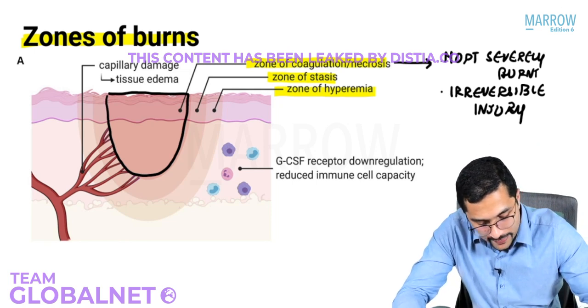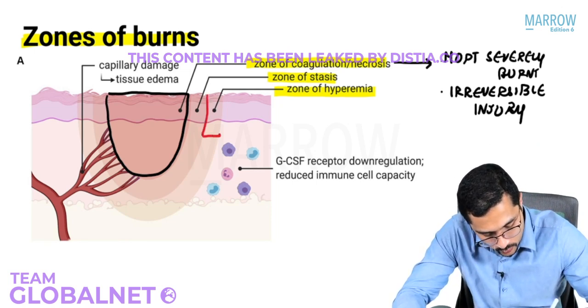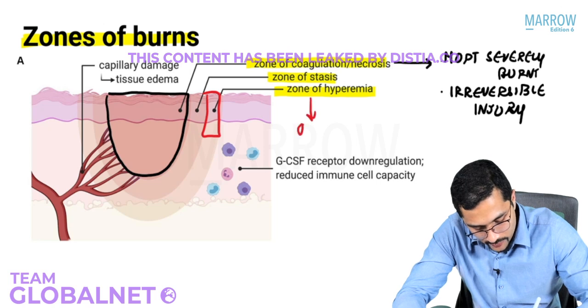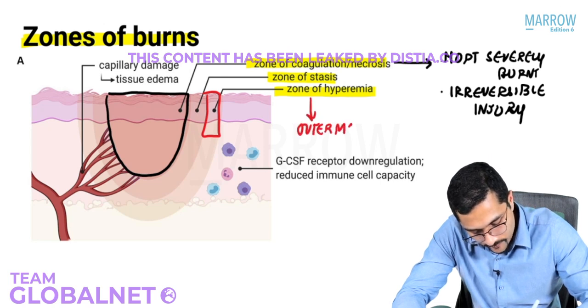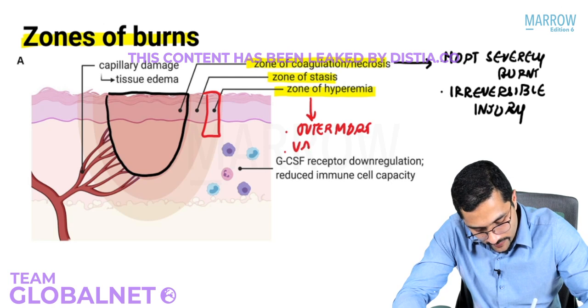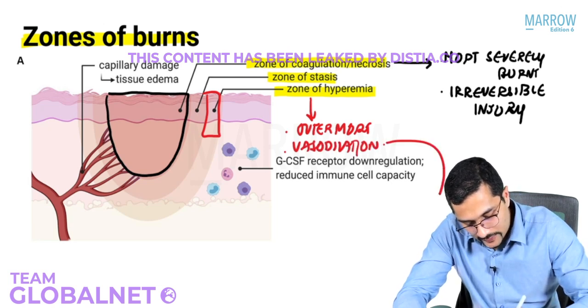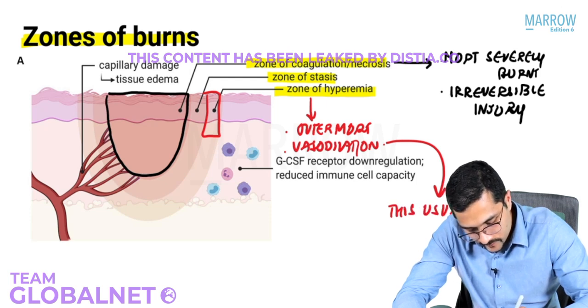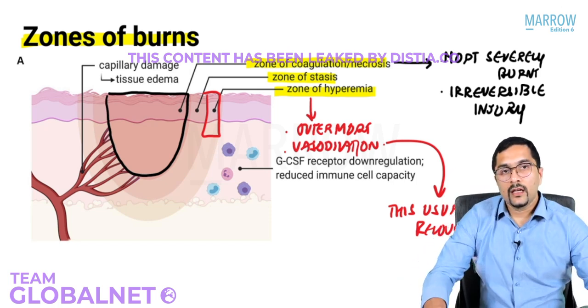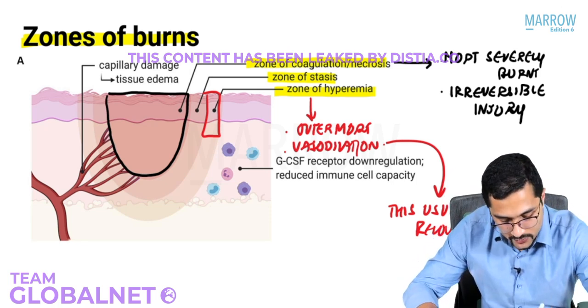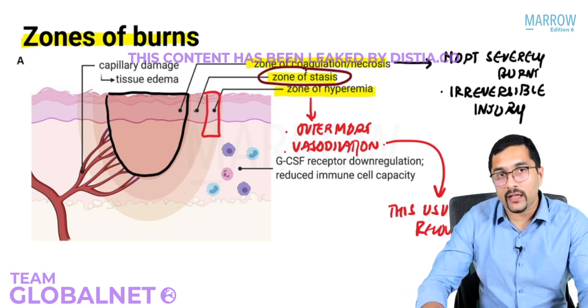The zone of hyperemia is the outermost. There is vasodilation here, which is why there is hyperemia, and this usually recovers. Now, the most important zone is the zone of stasis, which is in between, right?